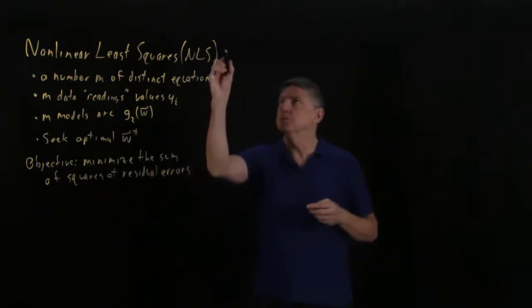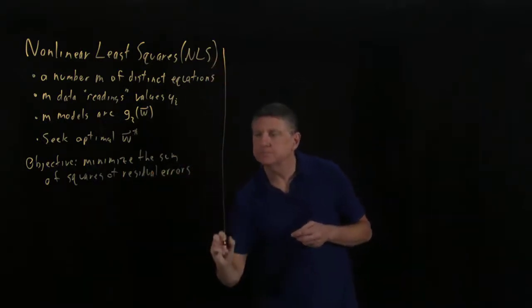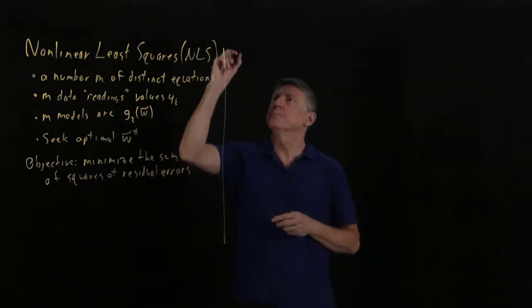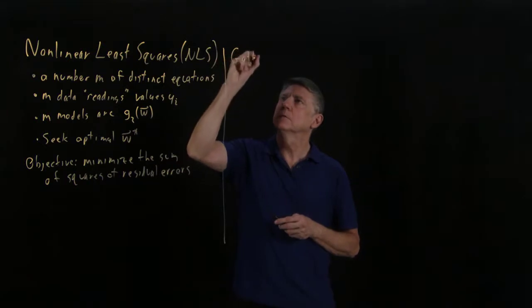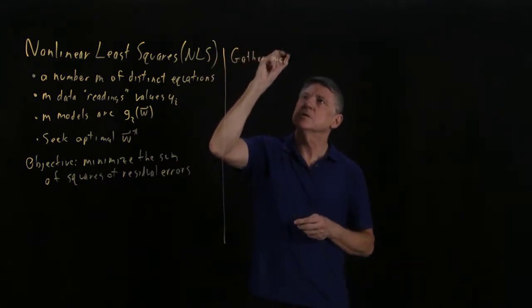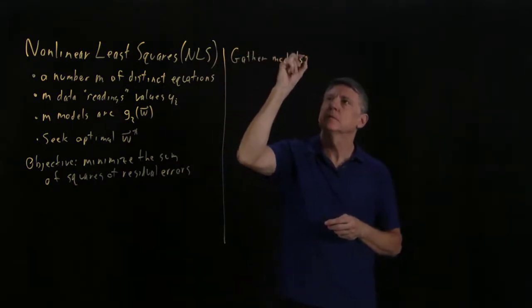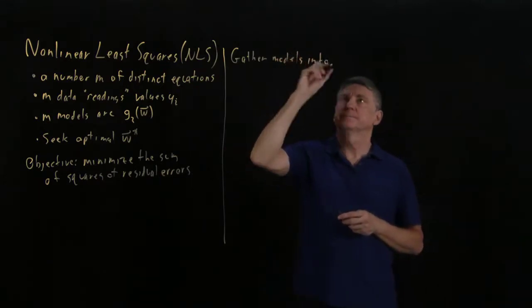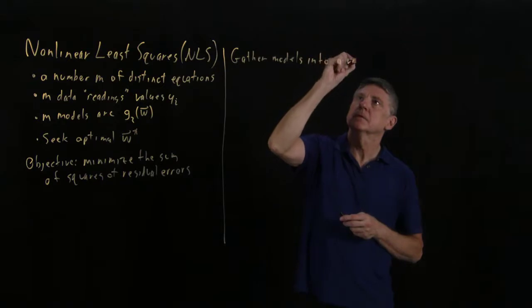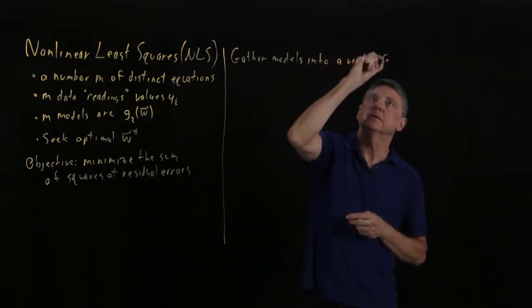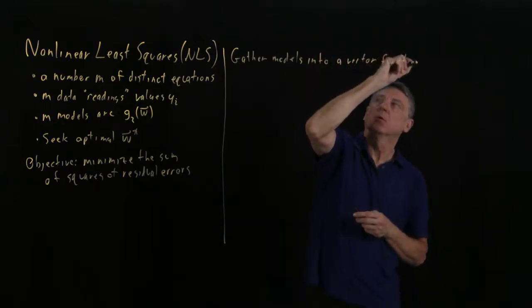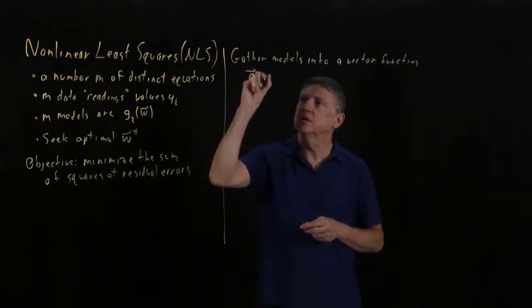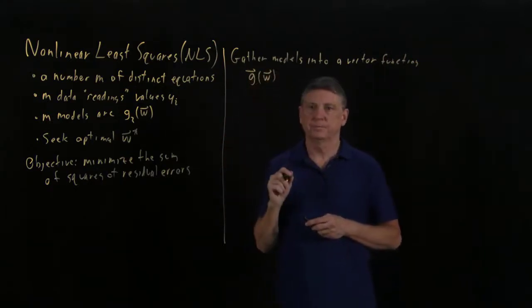So what we'll do is, we see a bunch of models, let's gather them into a vector function. So this vector function will be g vector of w.